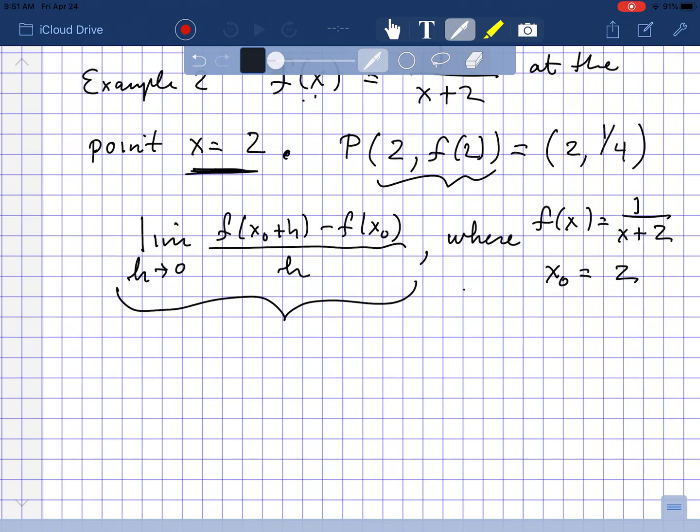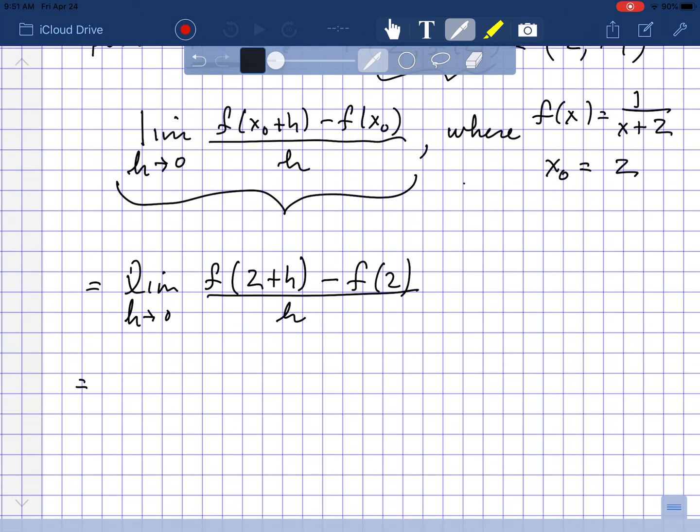So let's see what we can do. We're going to look at the following. The limit as h goes to 0 of f of x sub naught plus h. Well, x sub naught is 2, so I'm going to write this as 2 plus h minus f of 2, divided by h. And this is equal to the limit as h goes to 0 of f of 2 plus h.